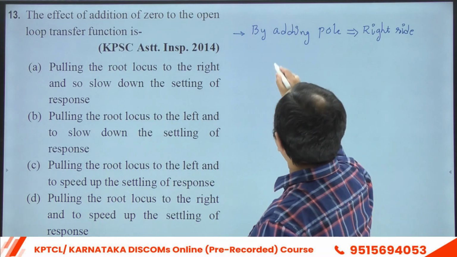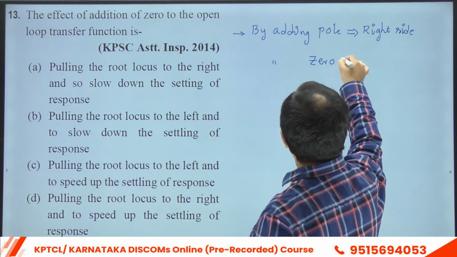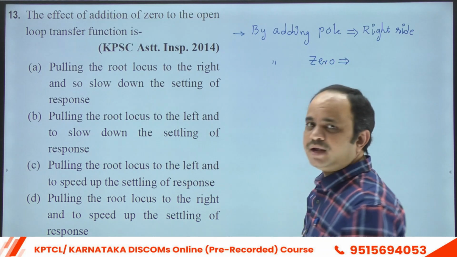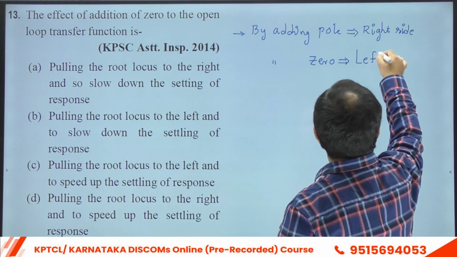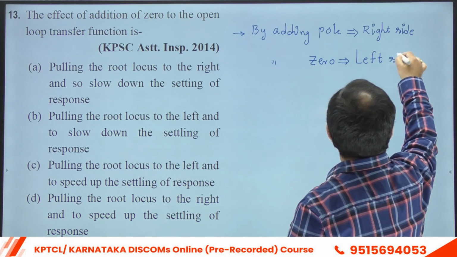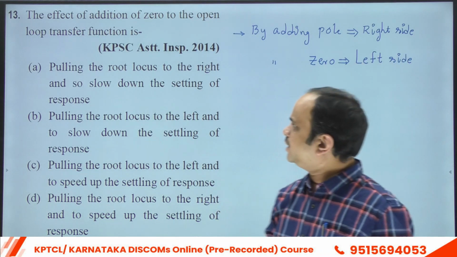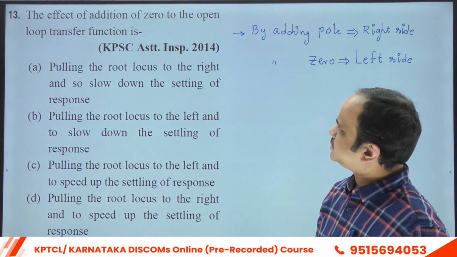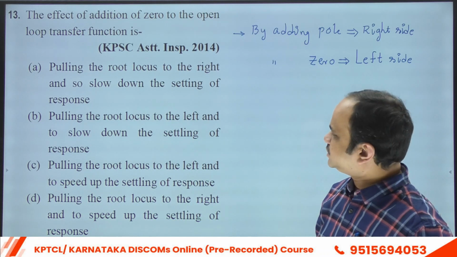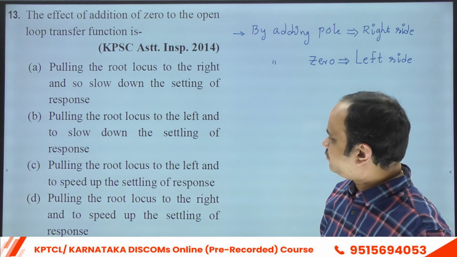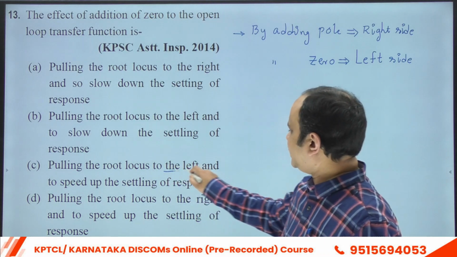By adding a 0 to a transfer function, the root locus diagram will shift towards the left side. That means more stable. So let us see the options. The effect of addition of 0 to the open loop transfer function will have an effect of pulling the root locus to the left hand side.